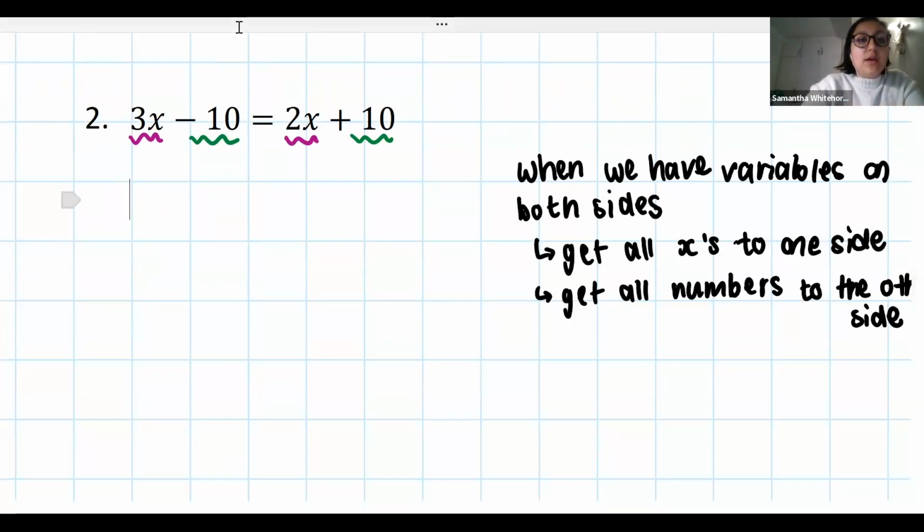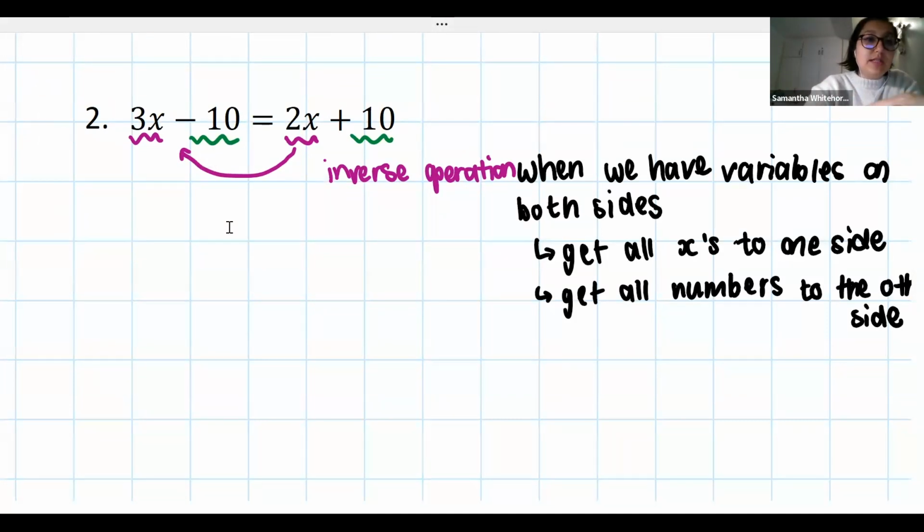So essentially I need to take this positive 2x and bring it over my equal sign. What I need to remember is I need to use my inverse operations. If I want to get rid of the 2x on the right, I would have to subtract it. But then I need to do the same thing on the left.